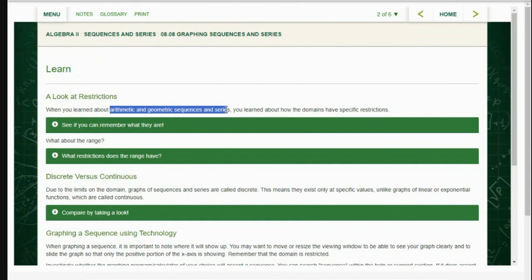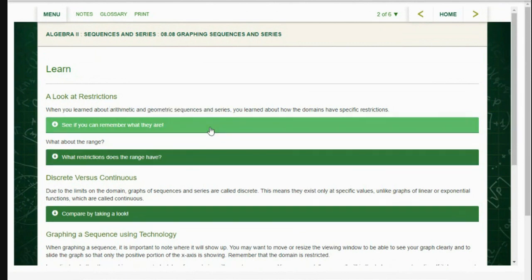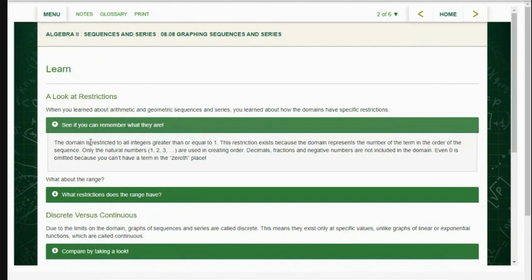Integers starting with 1. Integers greater than or equal to 1. So the domain is restricted to all integers greater than or equal to 1 because we don't have a 0th term of a sequence, or a fraction. We don't have a 3.5 term of a sequence. So we can't even have a 0th place.